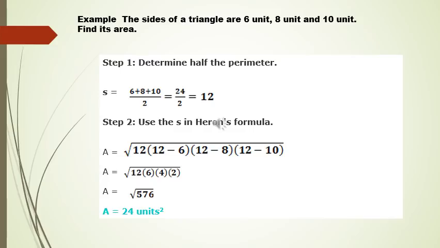When we multiply, we get under root of 576. Remember that you have to revise the concept of square roots because it is very useful for this chapter. Under root of 576 is 24, so the area is 24 units square.